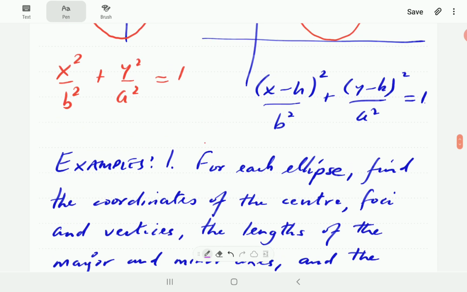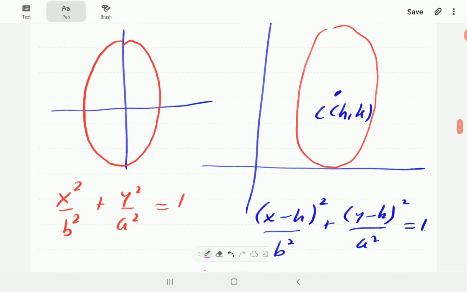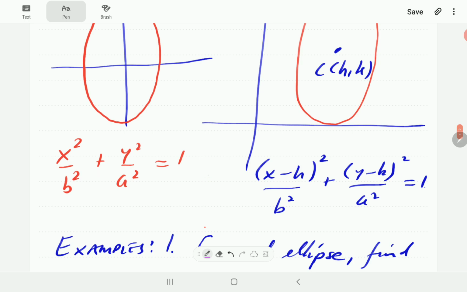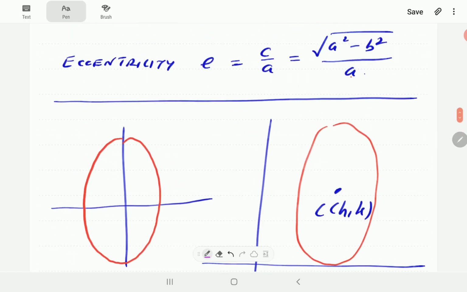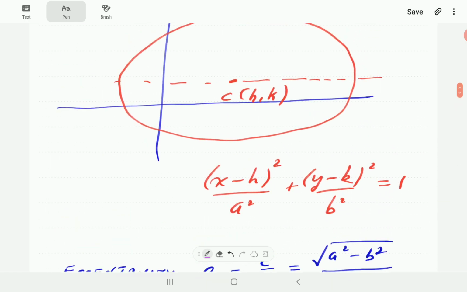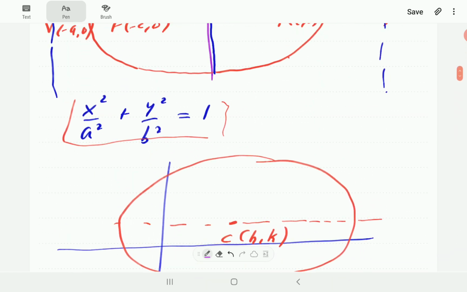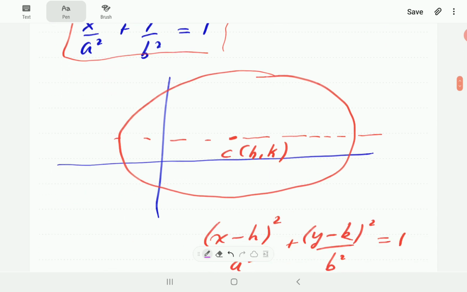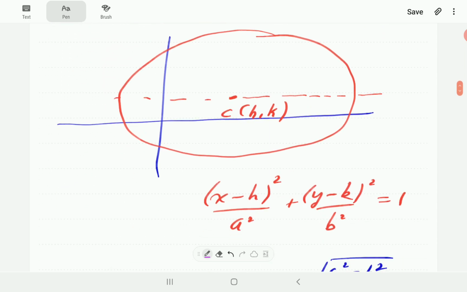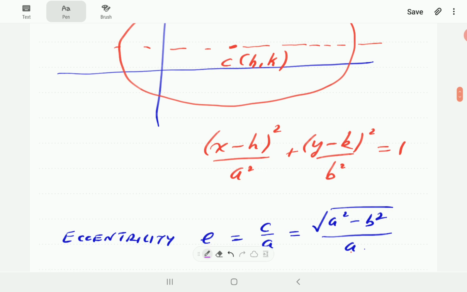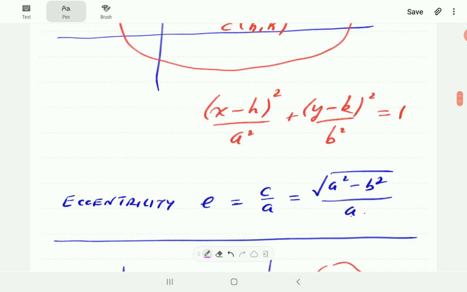By the way, before we continue, these are the standard forms of the equation of the ellipse with vertical major axis, and these two are the standard form if the major axis is horizontal.